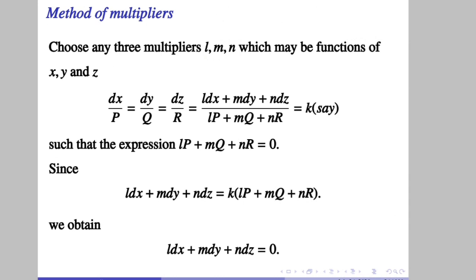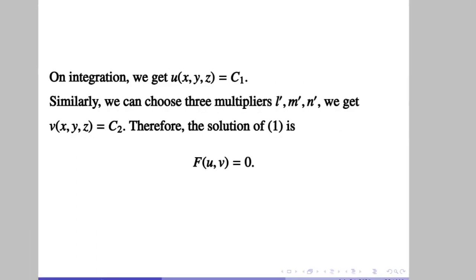That is, lP plus mQ plus nR is equal to 0. Cross multiplying, the numerator value is also 0. So l dx plus m dy plus n dz is equal to 0.